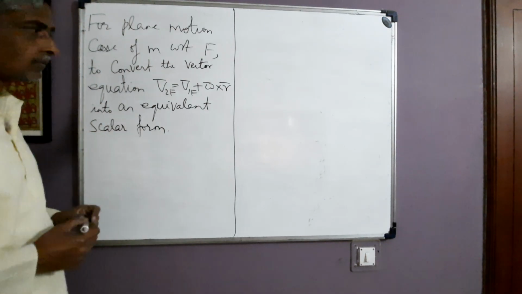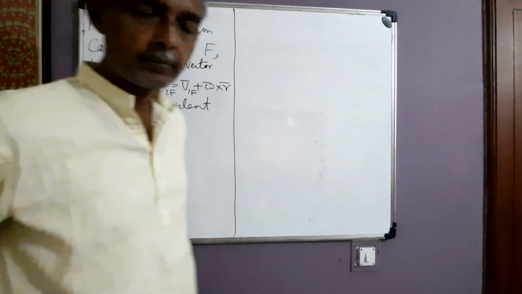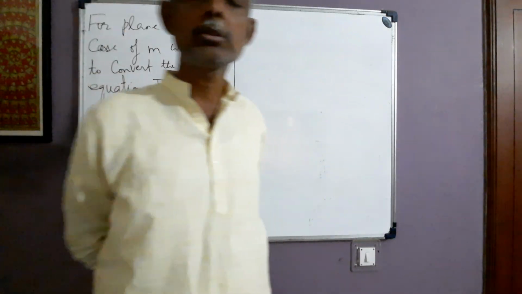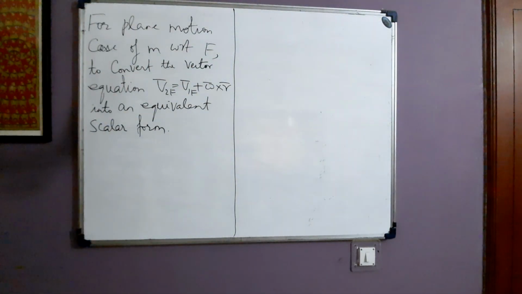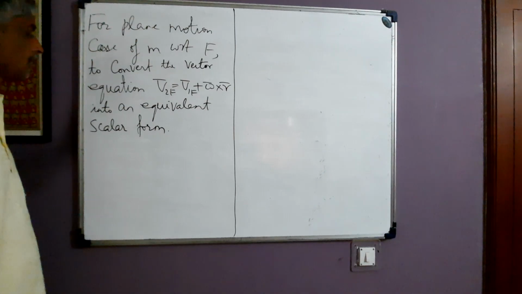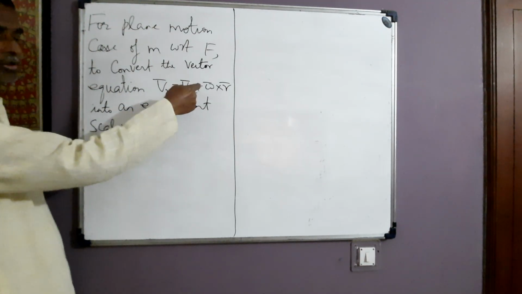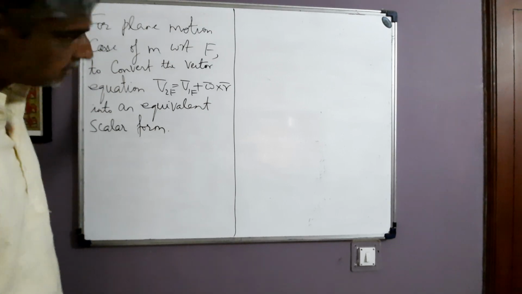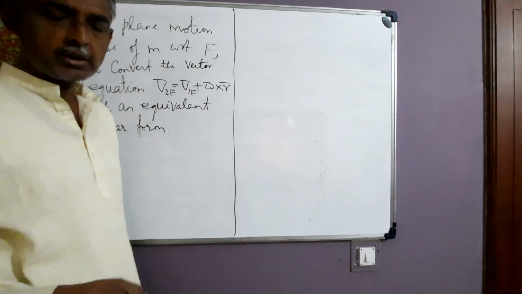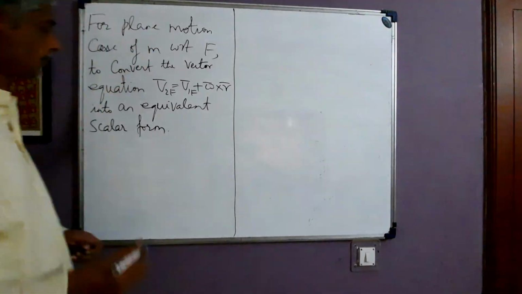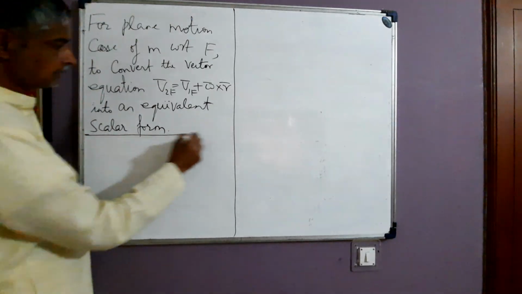That is our aim, so that the evaluation of V2F becomes much easier. So our aim is to convert this vector equation into an equivalent scalar form, so that the calculation time is minimized. We don't have to use that IJK notation and determinant notation and then solve, because it becomes time taking.